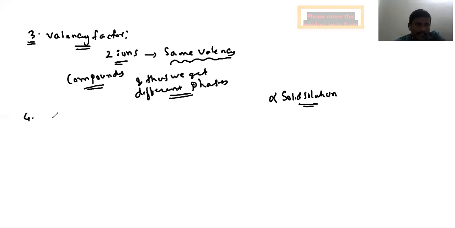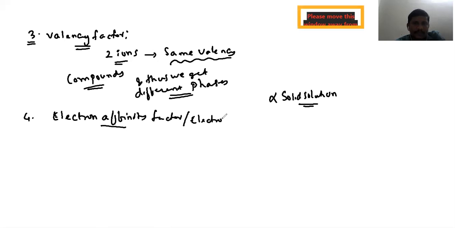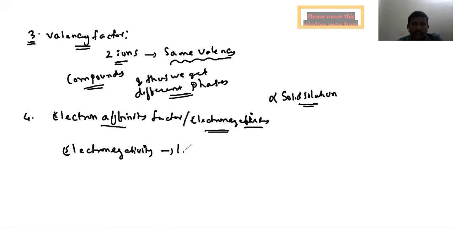The fourth one is the electron affinity factor, or you can also say the electronegativity difference. Generally the electronegativity difference must be small. If the electronegativity difference is large, the elements will try to form a compound and form a different phase.